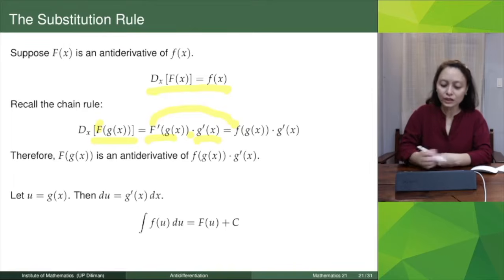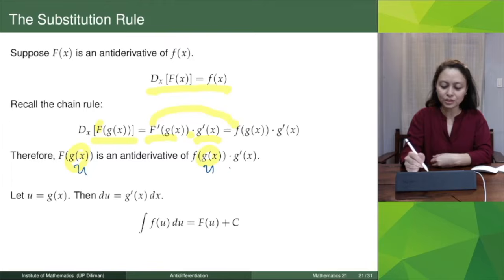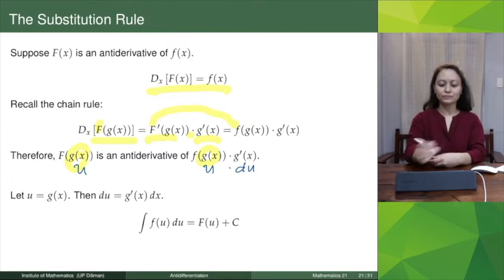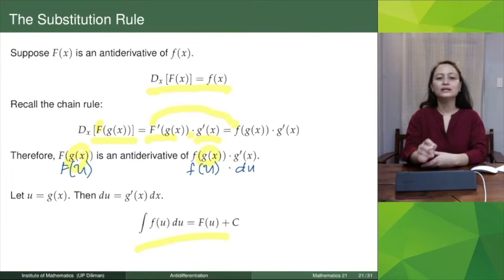Or you can look at it this way, you can replace g of x by u. So f of u, and then g prime of x dx is du. So you have f of u du. In other words, the antiderivative of f of u du equals capital F of u plus c.